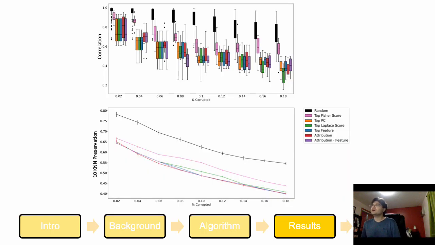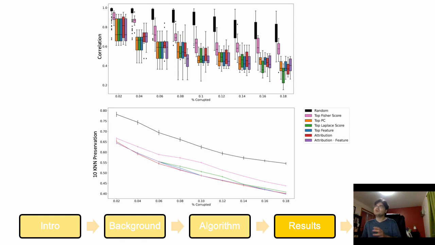We have here one of the experiments that we performed. In this case, we removed features based on the attribution values, but we removed the same features for every single digit in our data set. So in this sense, we had a global attribution score.